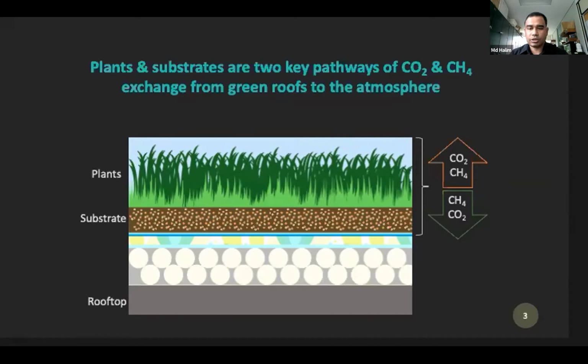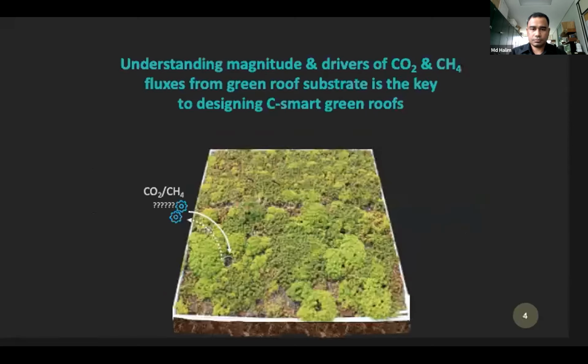In this study, we're mainly interested in CO2 and methane flux from the substrate, not from the plant leaves, because most of the methane exchange happens at the substrate level. It is therefore important that we understand the magnitude and the direction of carbon dioxide and methane fluxes, their drivers, and the ways we can enhance them to help design green roofs that actually sink carbon.